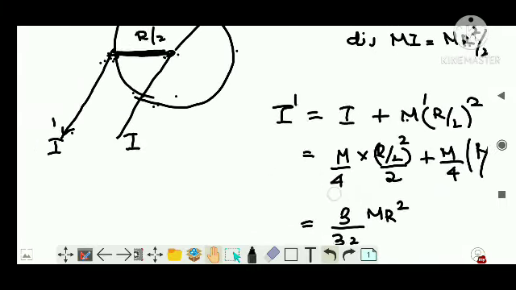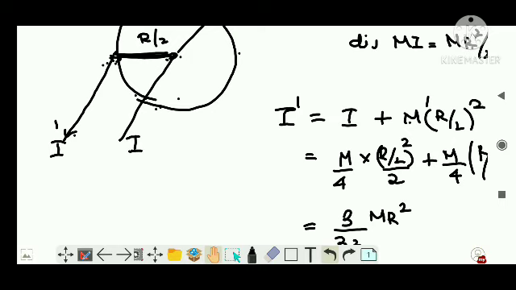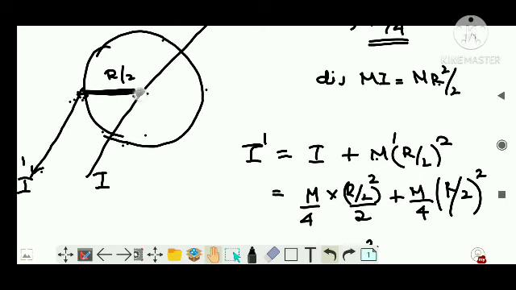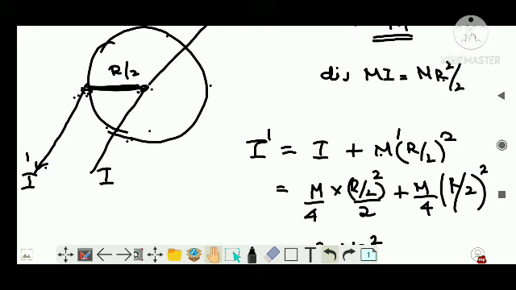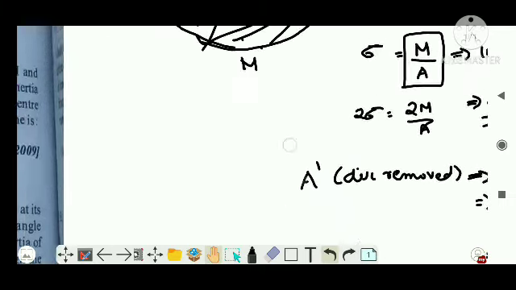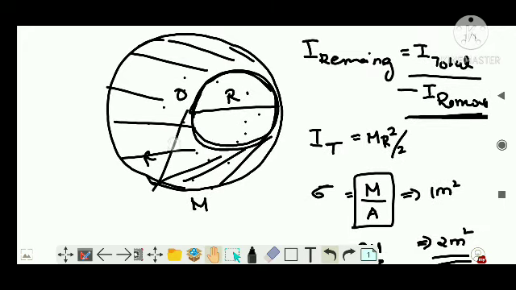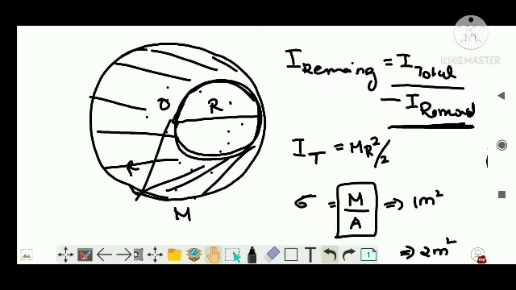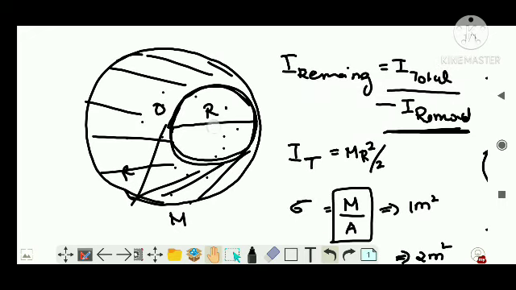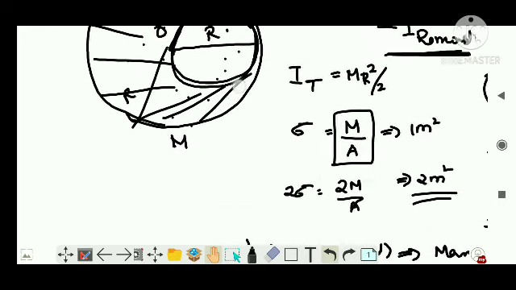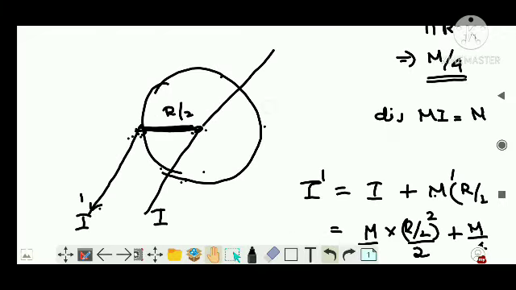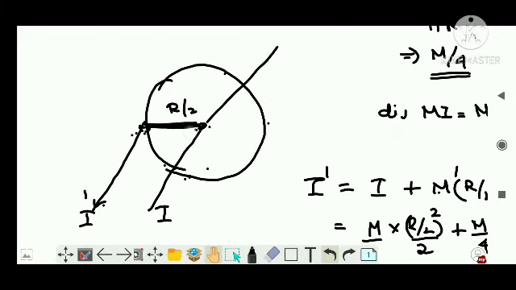So the first point was to find the mass of the removed disk, and then find the moment of inertia about the point where you are asked. You are asked the moment of inertia about the earlier axis of rotation itself. So you have to find the moment of inertia of the total disk about this axis. Similarly, the moment of inertia of the removed disk about this axis. For the removed portion, its moment of inertia through its center I know.